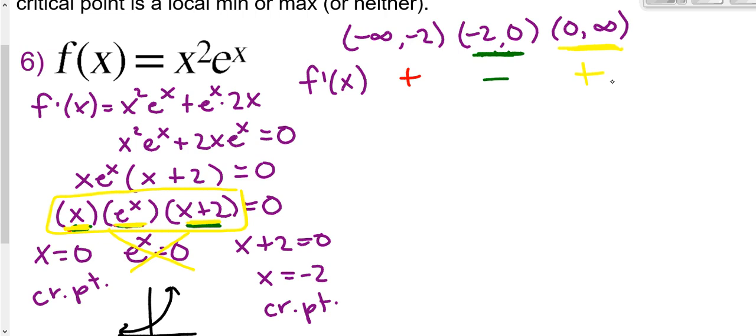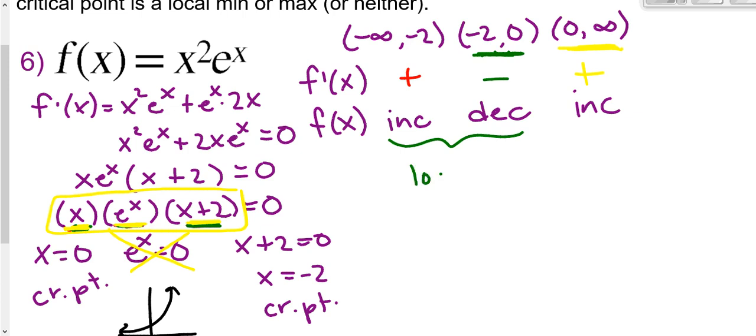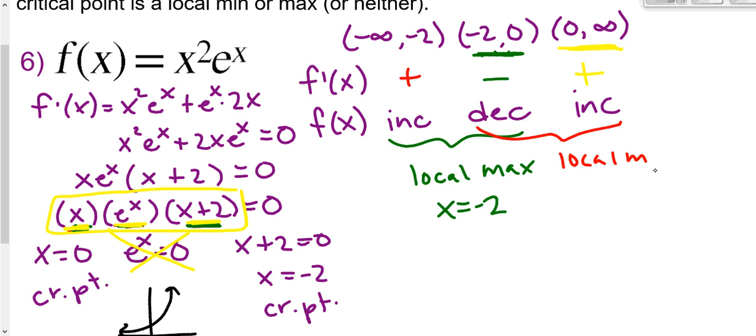So what's happening to f? F is going from increasing to decreasing to increasing. Therefore, we do have a local maximum at x equals negative 2, and we do have a local minimum at x equals 0.